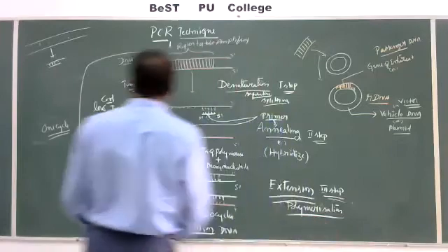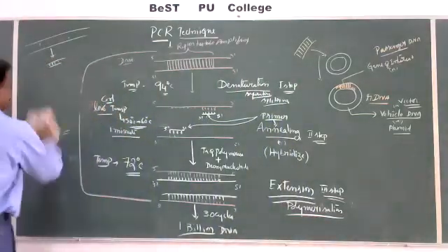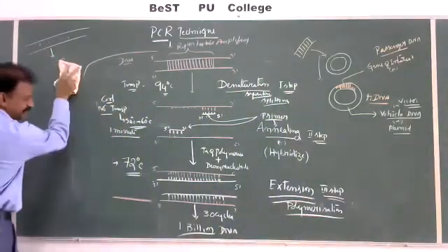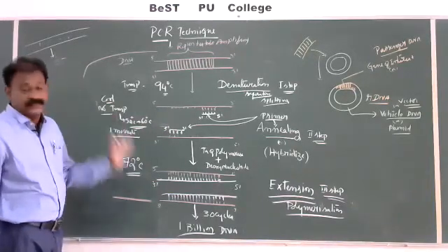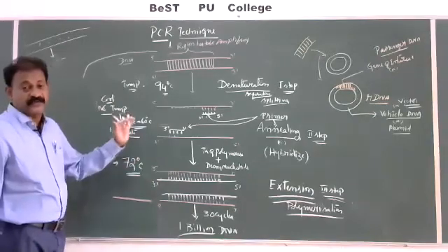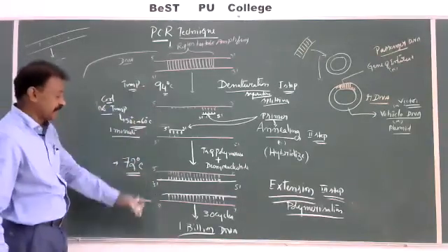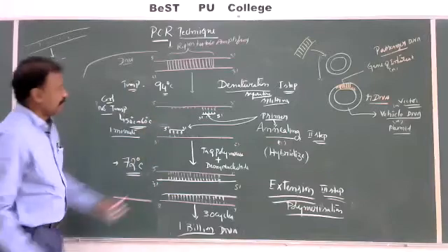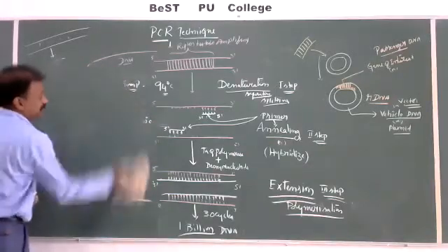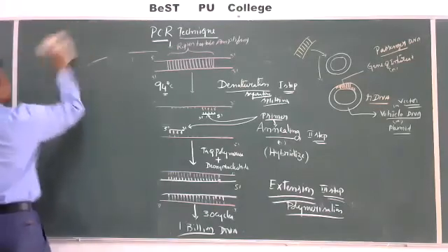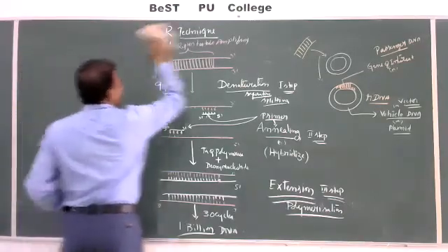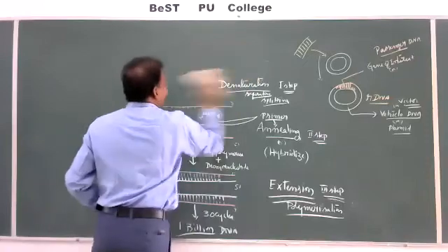Now here, this is an important question both for PUC and NEET examination. In any competitive examination, they may ask various temperature dependent reactions or a 3 marks PCR technique question.